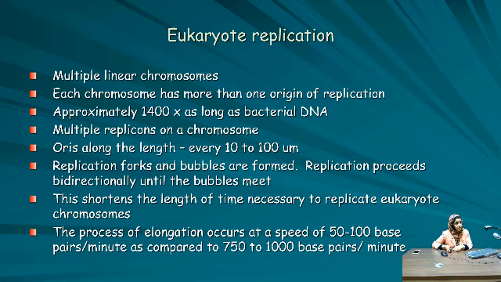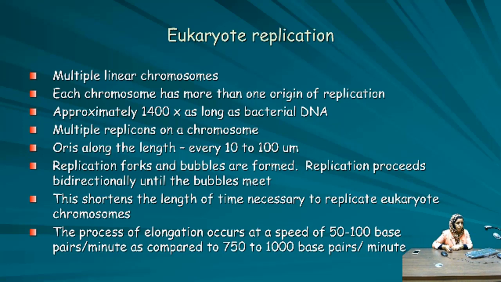This shortens the length of time necessary to replicate eukaryote chromosomes. It takes a short time to replicate the eukaryote chromosome, even though eukaryote chromosomes are longer than prokaryote chromosomes.